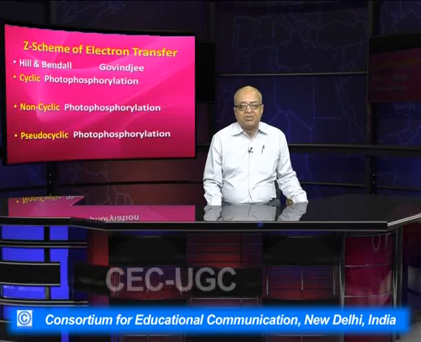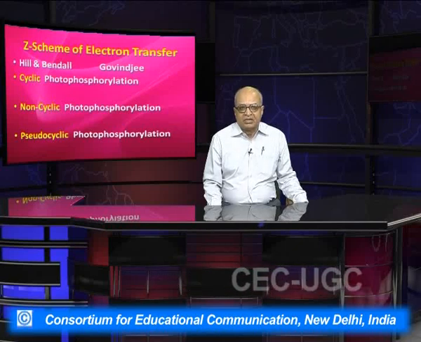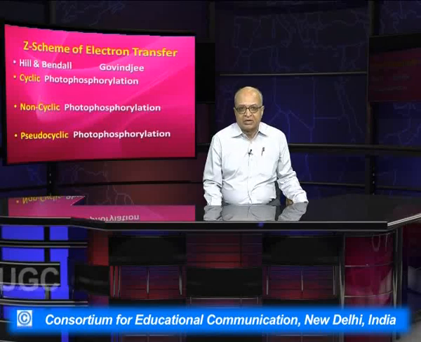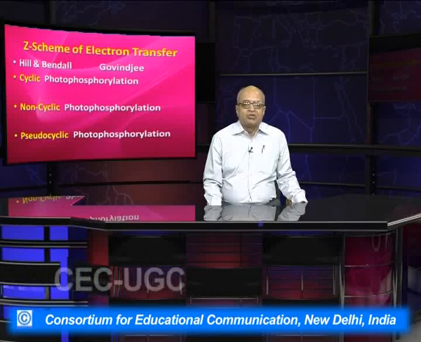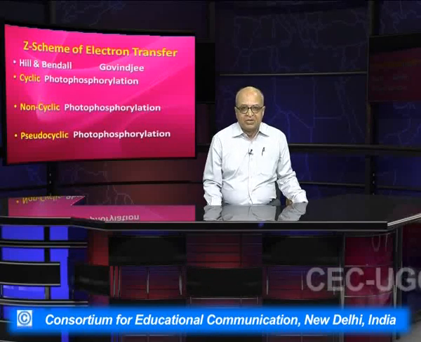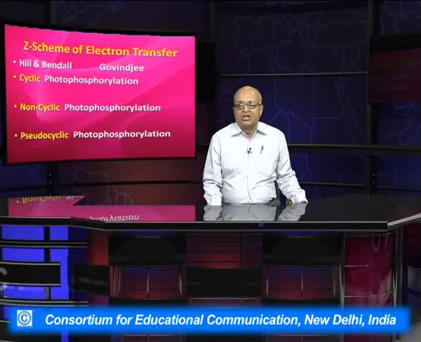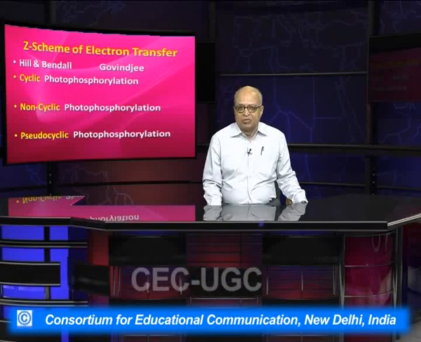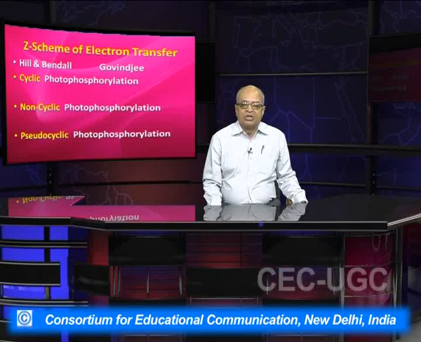The scheme can be either cyclic or non-cyclic or pseudo-cyclic. Cyclic would mean that the electrons which have been excited have to come back. Non-cyclic would mean that they would run away. By running away, we mean that they would combine with some other component and they would never come back.